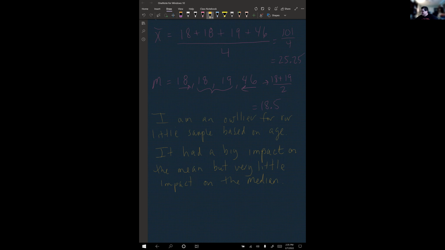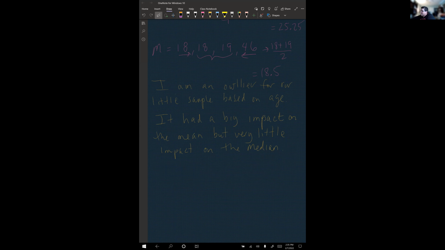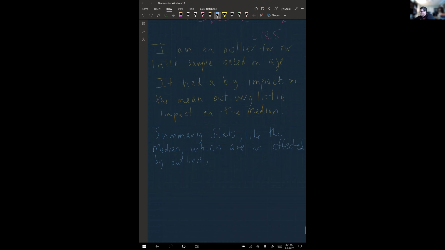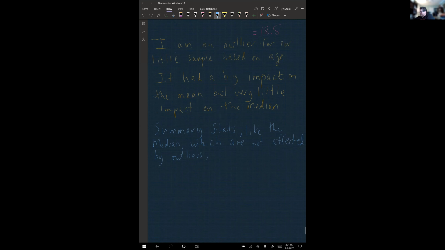And when we have a summary statistic that is affected by outliers versus one that's not affected by outliers, summary stats that are not affected by outliers, like the median, which are not affected by outliers, we say the statistic is resistant.